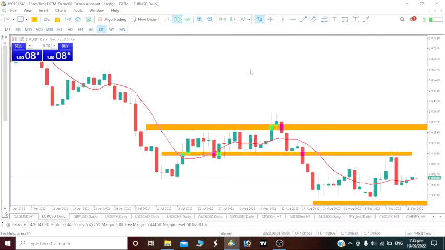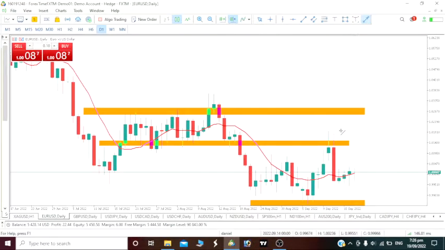So obviously what next? Price broke below the support area, right? Once price breaks below our support area, the price will roll up to test the support area it broke out from. This is why we had this retest movement and we had a drop. Now price has tested our support area and we've had another drop.